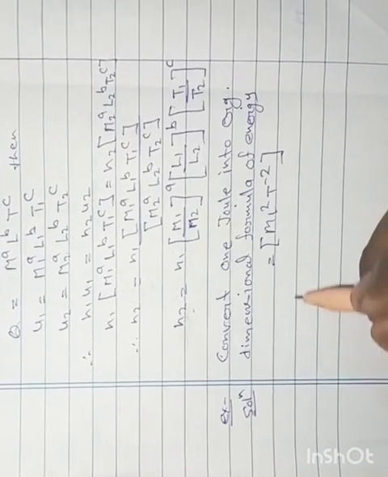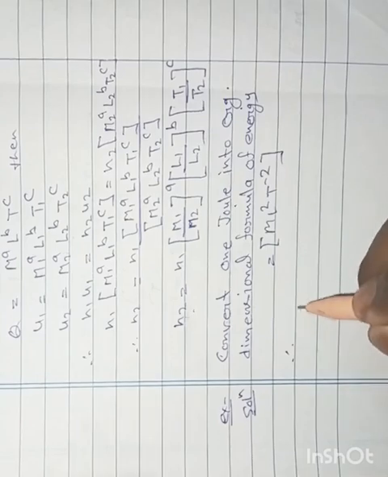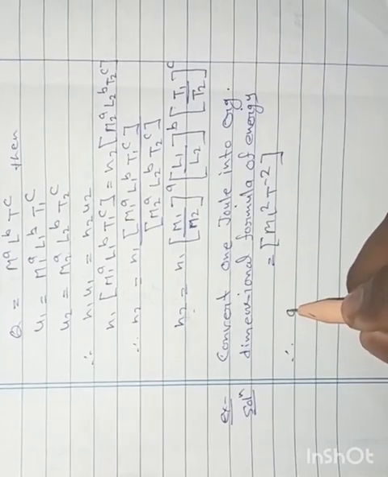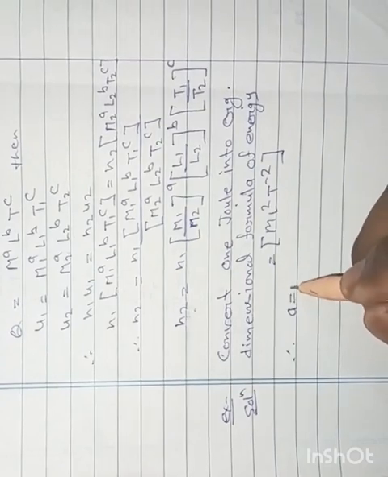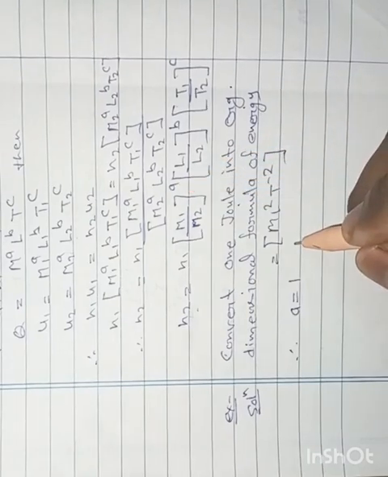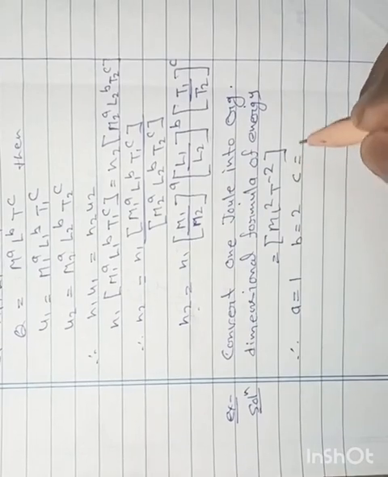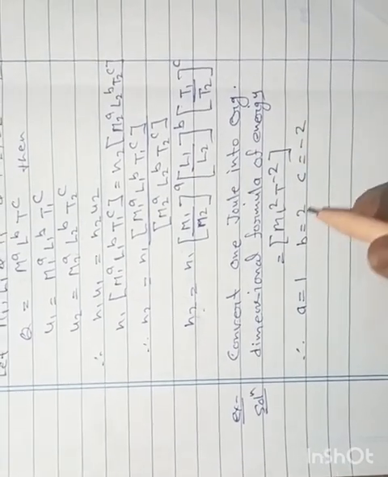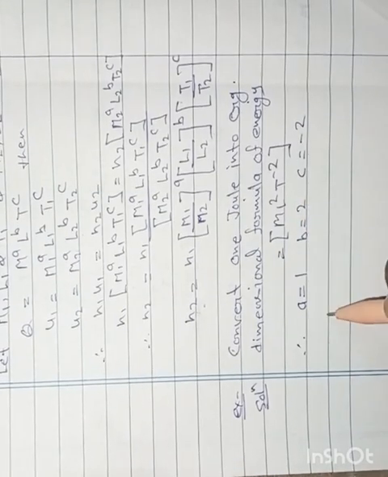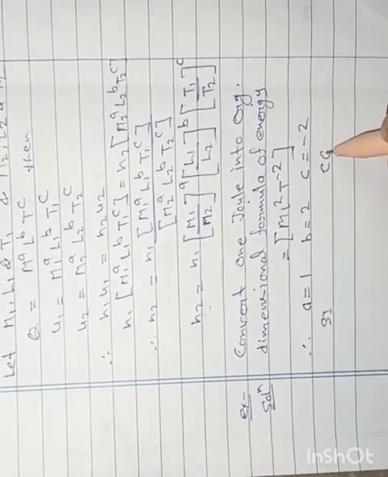So by this dimensional formula of energy we can get the power of M is 1, L is 2 and T is minus 2. It's clear?